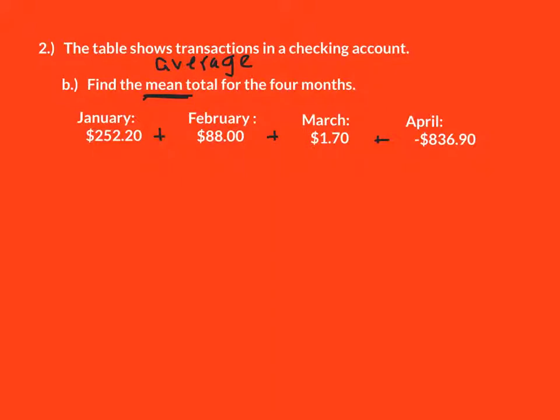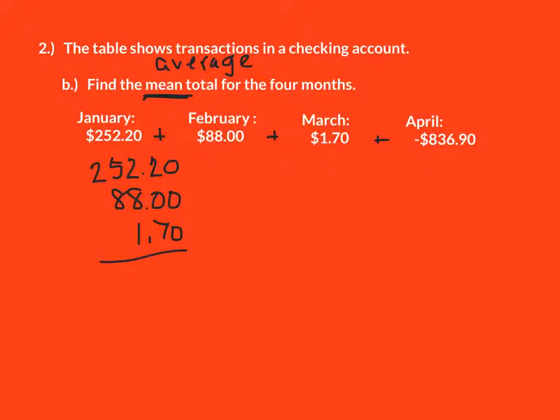So I am going to pull to the side over here these 3 negative numbers. So I've got 252, 20, 88, and $1.70.